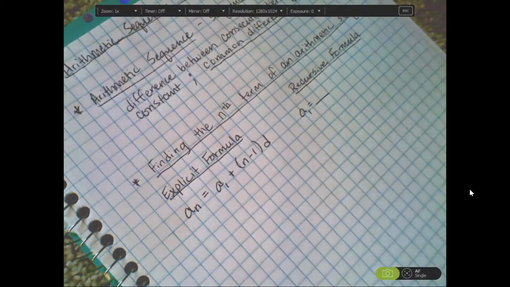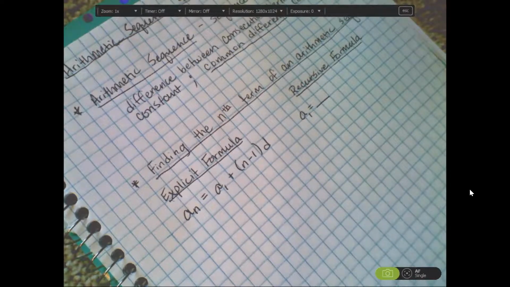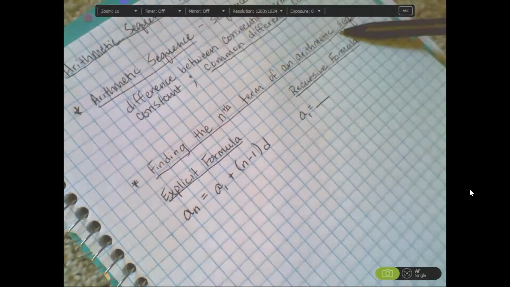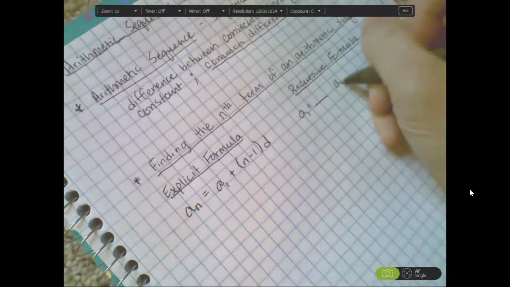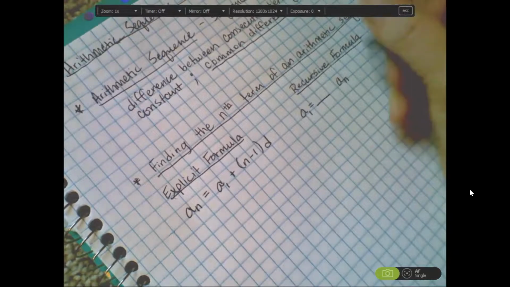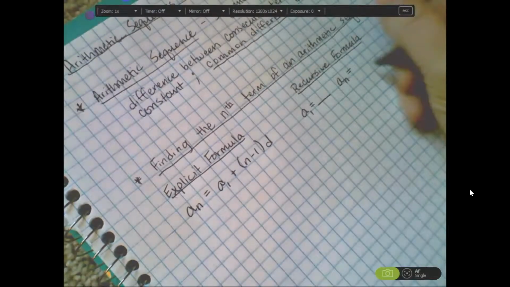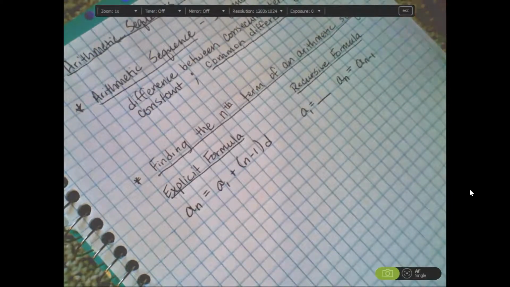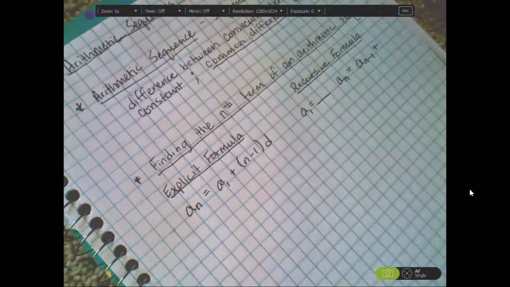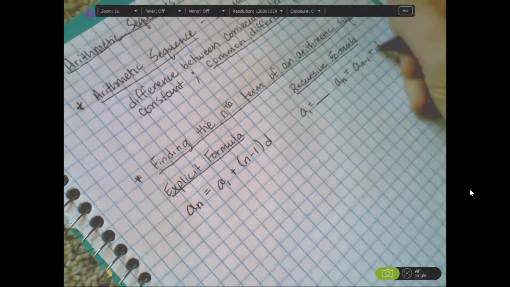And then recursive, if you remember from last week, we take the previous term, and since this is arithmetic, and that means we're adding or subtracting the same number every single time, then to get the nth term, we're just going to take the previous term and add or subtract whatever that common difference is.